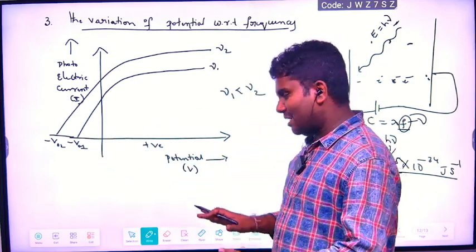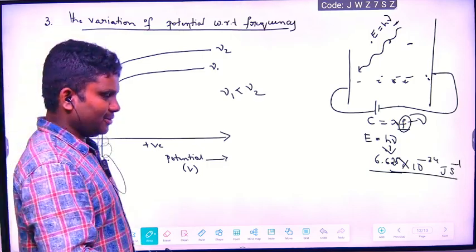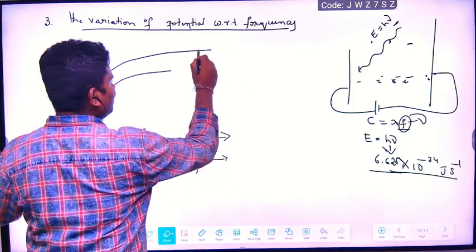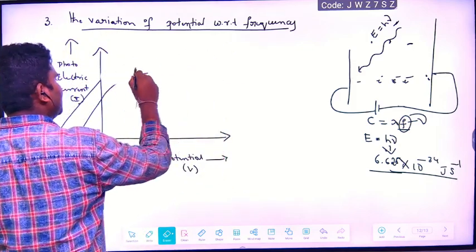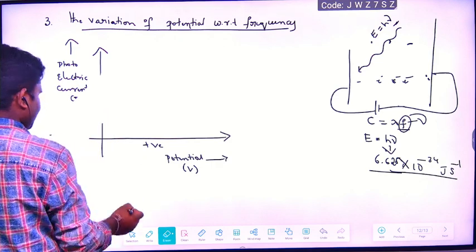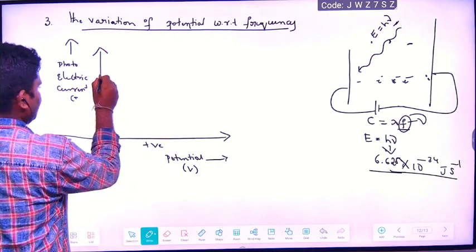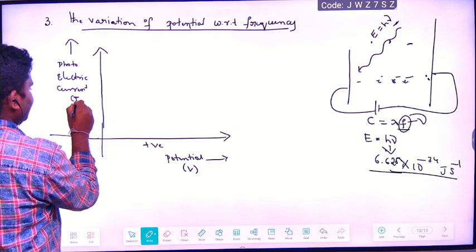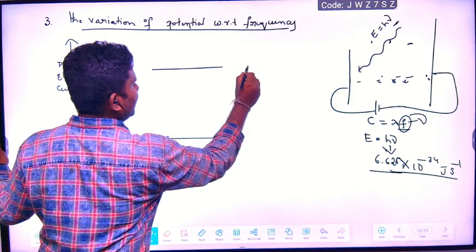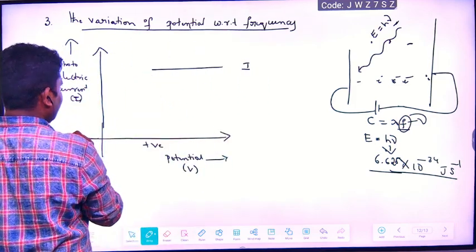Okay, for example, if intensity is same, now you see, don't get confused, I will explain properly once again, listen. Photoelectric current, which is I. Now the intensity is same, but the frequencies are different.